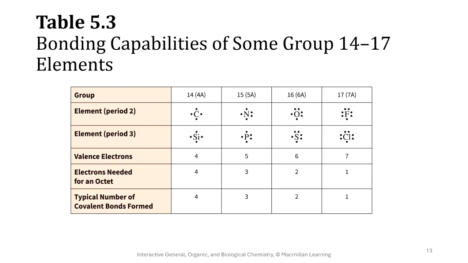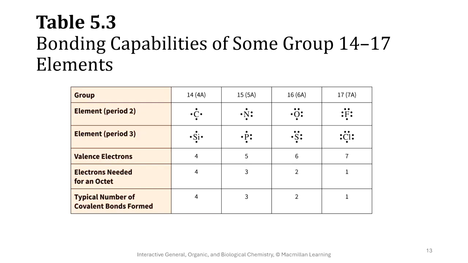For each of these, a dot has been drawn to represent each of the valence electrons. Carbon has 4 valence electrons, the 2 2s's and 2 2p's. Nitrogen has 5, oxygen has 6, fluorine has 7.